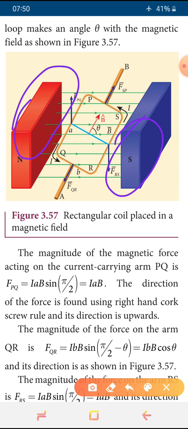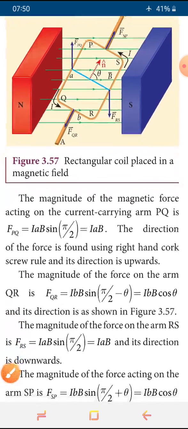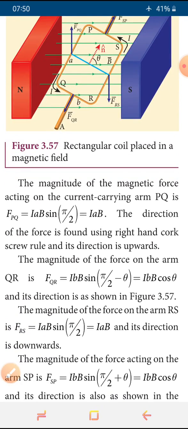Here we have the rectangular loop PQRS. இதோட நார்மல் பார்த்தோன்னா இந்த PQRS நார்மல் தீட்டா ஆங்கிளில் மேக்னெட்டிக் ஃபீல்டுக்கு ஆக்ட் ஆகிட்டு இருக்கு. Based on this we are going to start our derivation, and here we are going to find the magnitude of the magnetic force acting on each arm.